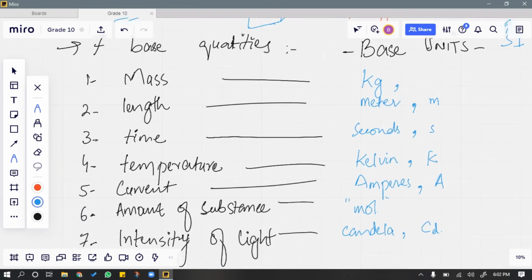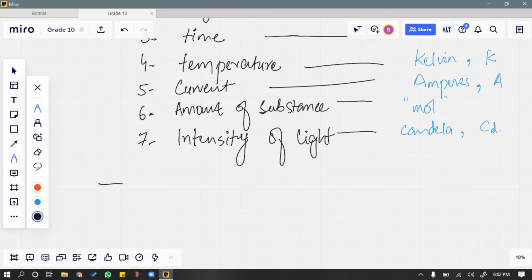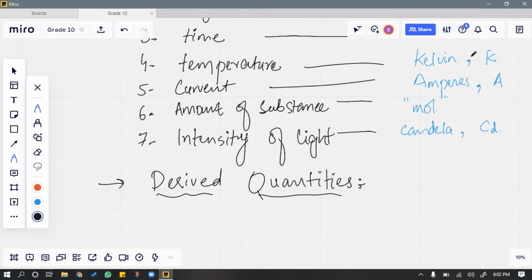Now, after base quantities, another term which we use in physics is derived quantities. After studying base quantities, it is very easy to describe derived quantities, because all the definitions and explanations are described in their names.